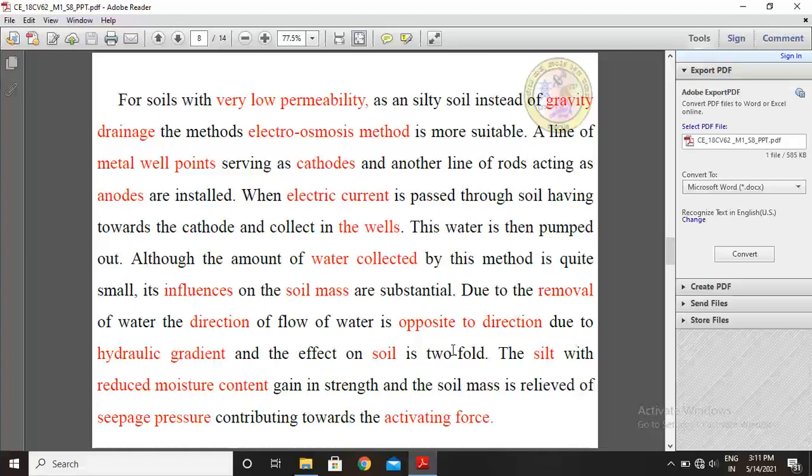So this is the explanation with respect to cathode and anode concepts to remove the excess water from the excavated site to lower the water table. This electro osmosis method is also most important.